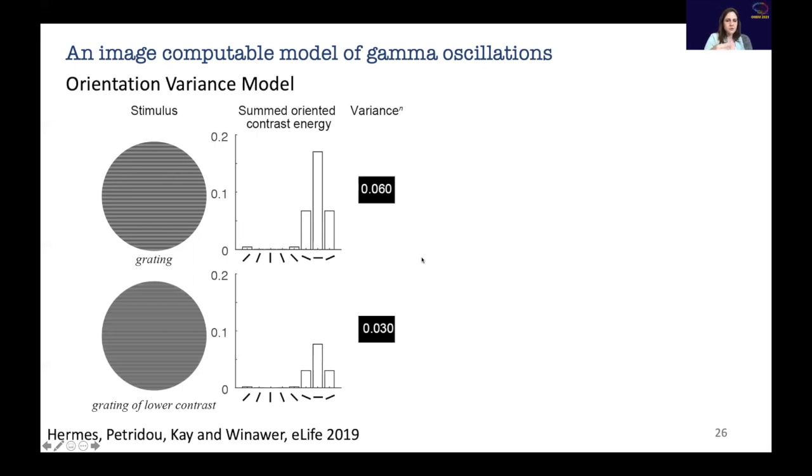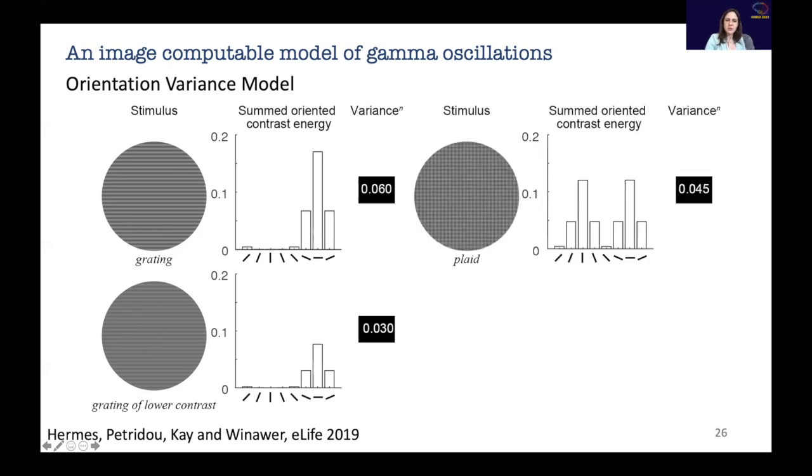Now, if we reduce the contrast, you can see that the contrast in this particular orientation decreases, and that also reduces the variance. If we have two orientations, horizontal and vertical, that are present, so vertical has contrast, horizontal has contrast, that also reduces the variance compared to a single orientation.